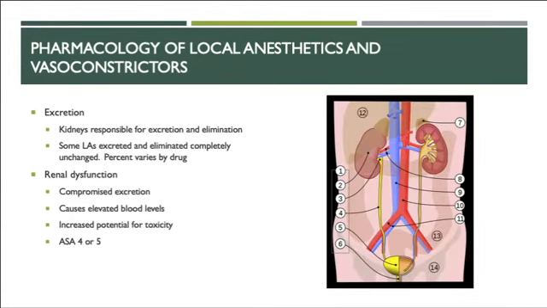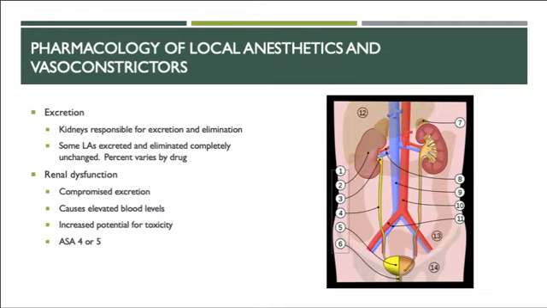Now, the final step in the pharmacological action of all these local anesthetics, as well as a factor that affects the potential for toxicity, as we've been talking about, is this topic of excretion, or elimination. The kidneys are responsible largely for the excretory function and the elimination of local anesthetics and their metabolites.